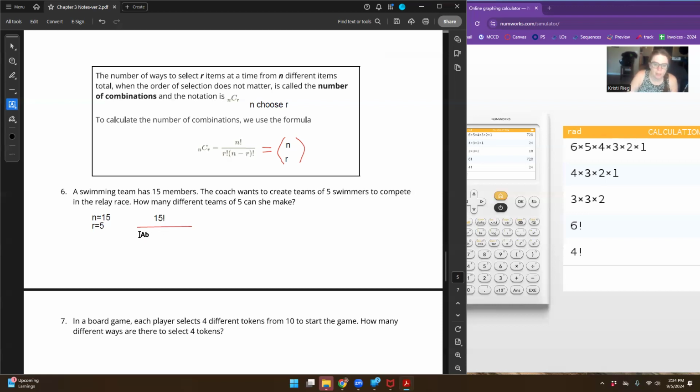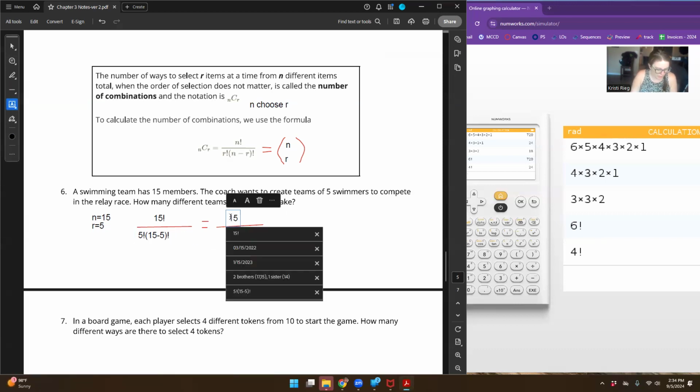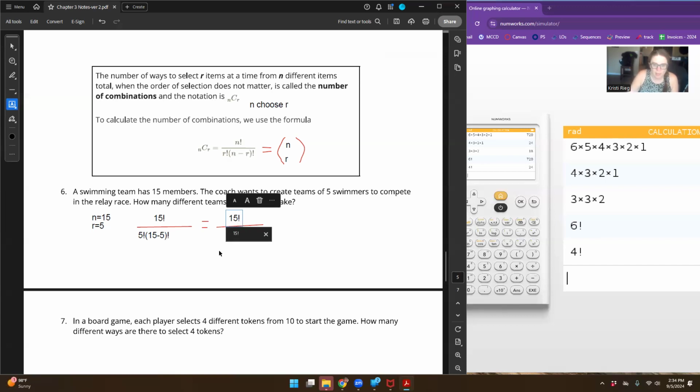And on the bottom, I have r factorial times n minus r factorial, or 15 minus 5 factorial. Simplifying this slightly, we have 15 factorial on top, and then 5 factorial times 10 factorial.